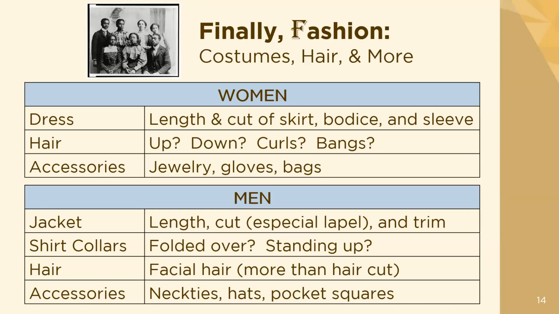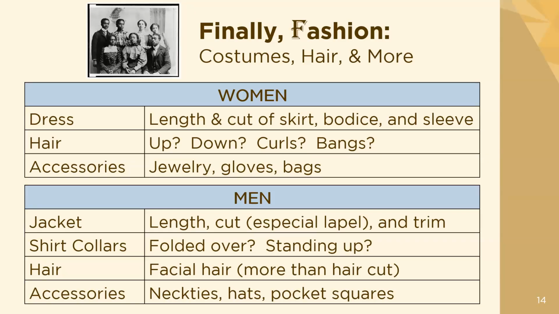With men, the length and cut of the jacket. What size lapels did they have? Were they narrow or were they wide? For instance, in the 1950s, they were kind of narrow. 1960s, they were wide. And was there any trim on there?